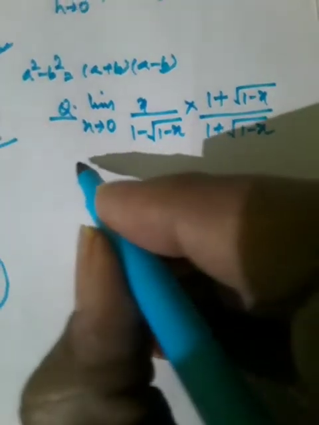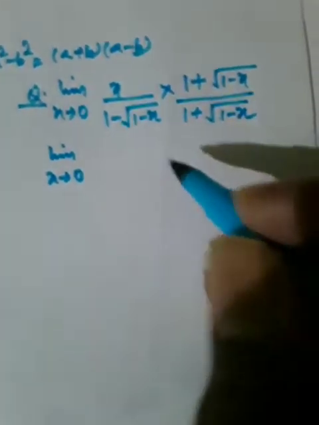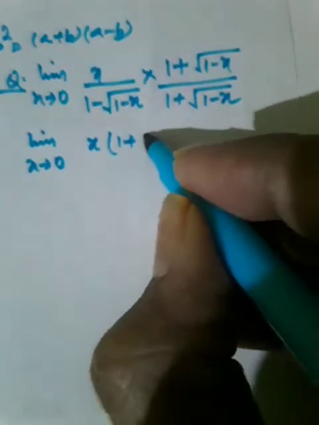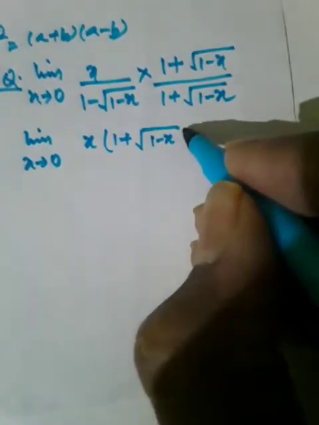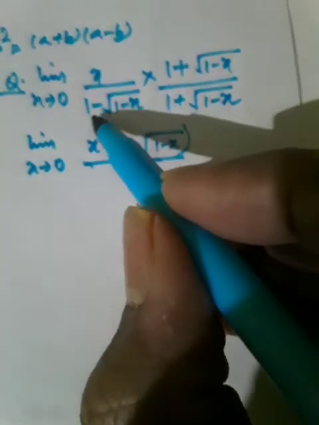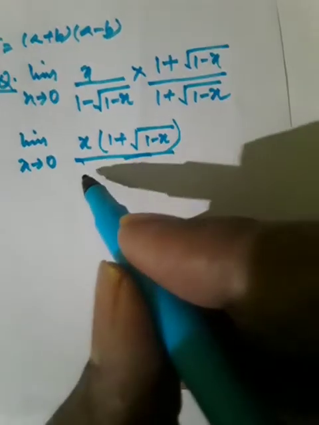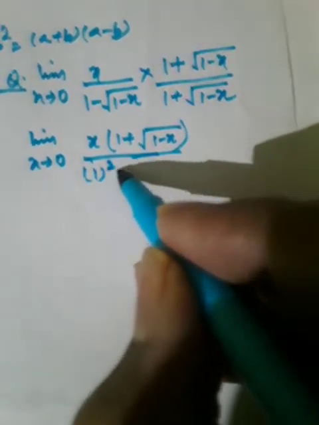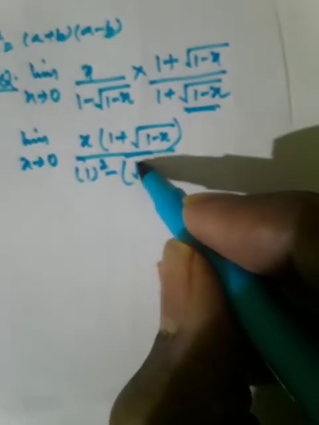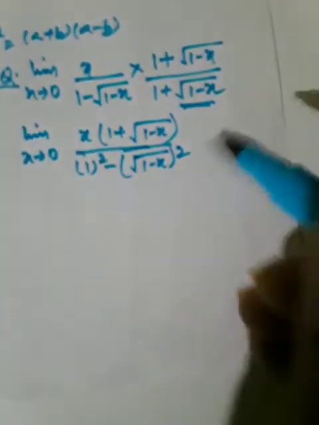So what we get, limit x tends to 0. In the numerator we get x into (1 plus under root 1 minus x). And in the denominator again it is a minus b times a plus b, so we can write a square minus b square, where b is under root 1 minus x whole square.